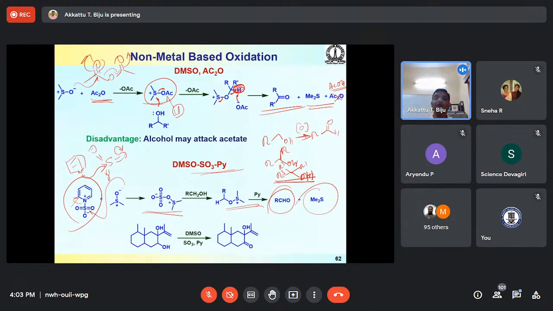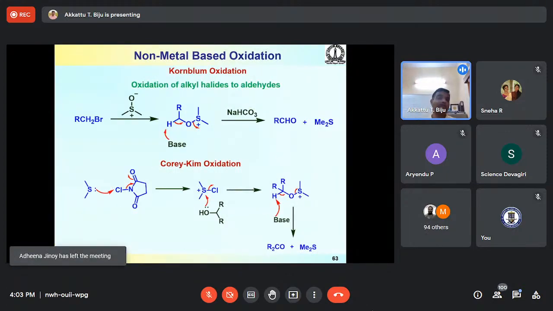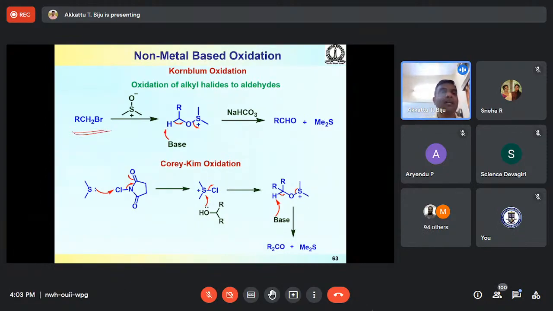So what are the other options for doing an oxidation reaction instead of an alcohol? One solution is to take an alkyl halide, for example a benzyl bromide derivative. If you treat benzyl bromide with DMSO, the DMSO can simply add to the benzyl bromide and eliminate the bromide to form this simple intermediate. In the presence of base, this can directly convert into the aldehyde, with dimethyl sulfide as a side product.